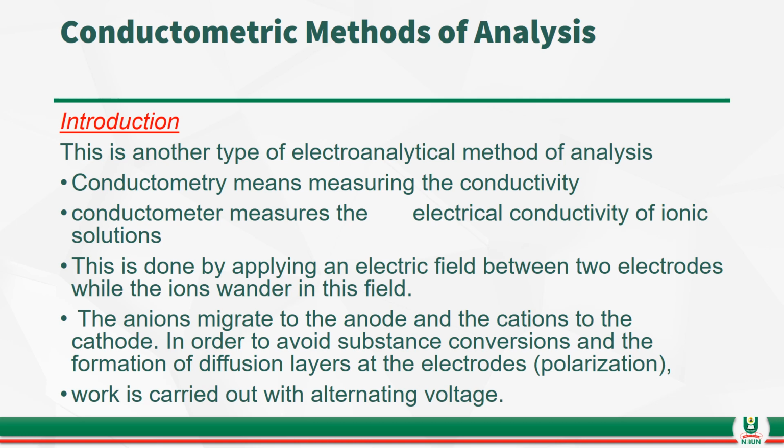This is done by applying an electric field between two electrodes while the ions wander in this field. The anions, the negatively charged ions in solution, migrate to the anode, and the cations, the positively charged ions in solution, migrate to the cathode.